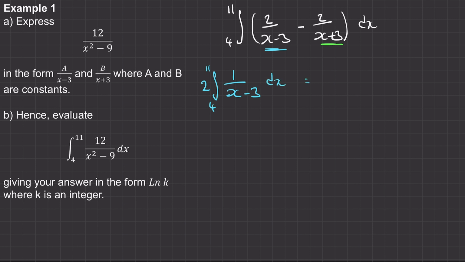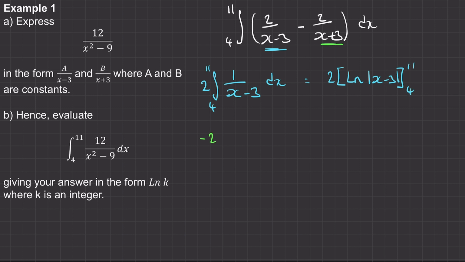And when I integrate this, we get 2 lots of the ln of the magnitude of x minus 3. And the reason why we're not multiplying this by anything or scaling this by anything is because the derivative of this inside function is 1. So this is the integral of this. And the limits are 4 and 11.